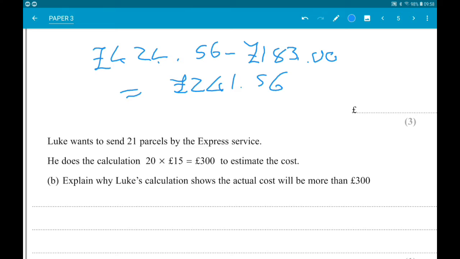So what he's done there, he's rounded both numbers down. So he's rounded 21 down to 20 and £15.25 down to £15. So both numbers he's used are under estimates. So the actual cost is going to be more.